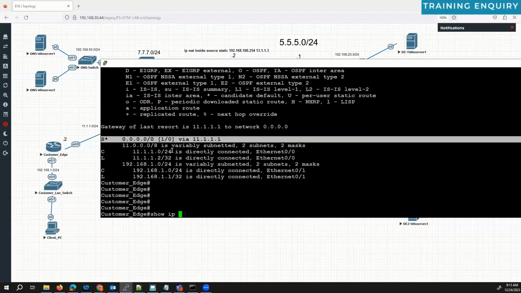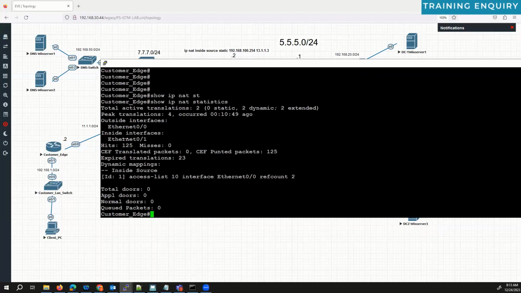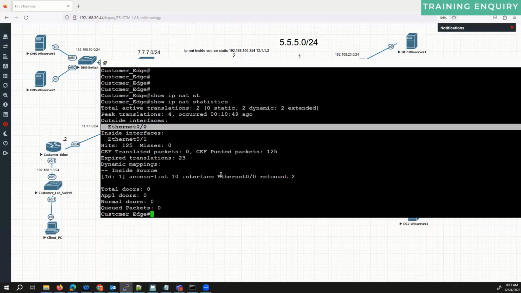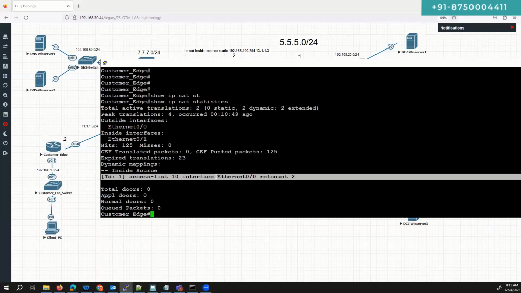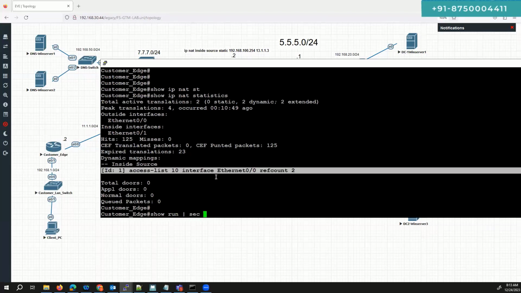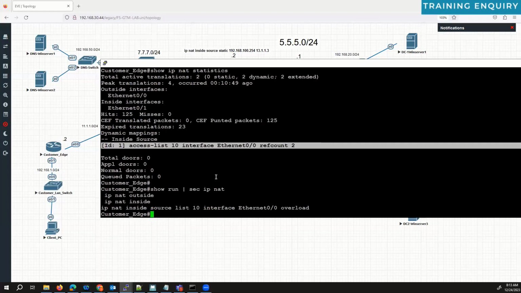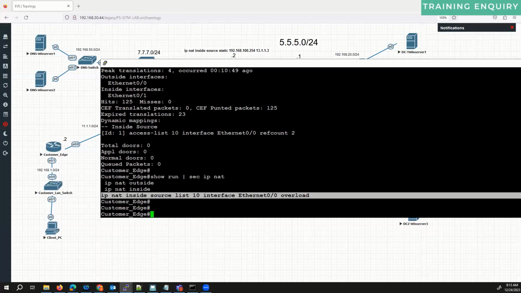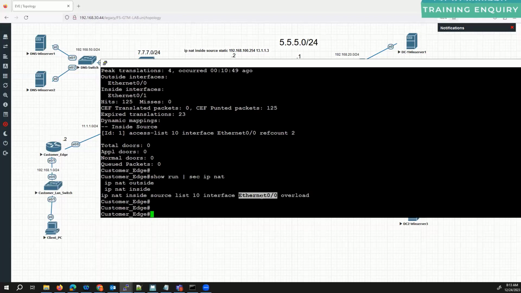Also, if you say show ip nat statistics, there is an inside interface and an outside interface, and PAT has been configured. If you look at show run | section ip nat, PAT is running there. You can see the overload keyword has been used, and we are using the interface IP address for doing PAT.